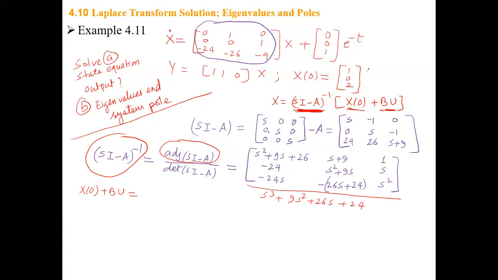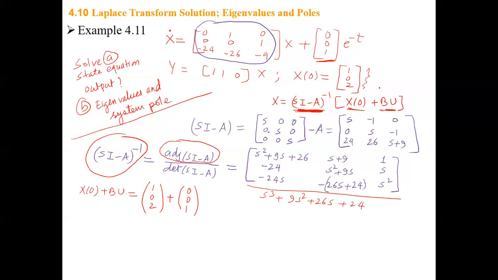It's 1, 0, 2, right? 102 is your x0. What is your B? B is this guy, 0, 0, 1.